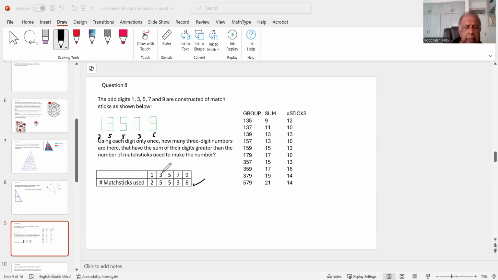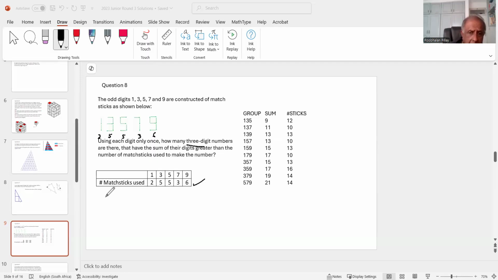Okay, let's just pause for a moment and ask ourselves what's going on here. I want to make a 3-digit number using these 5 digits, and each digit must be used only once, right? So how do you go around doing it?